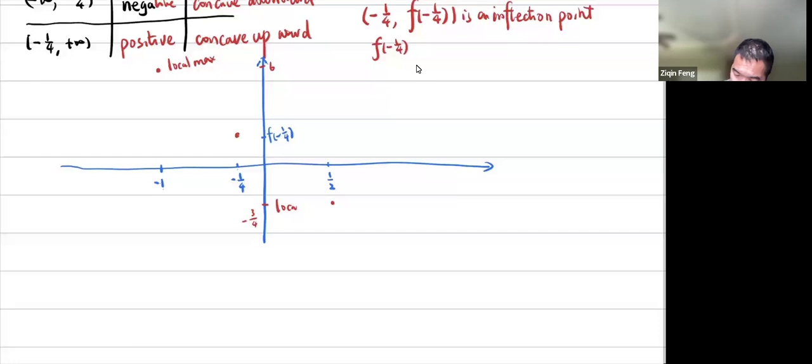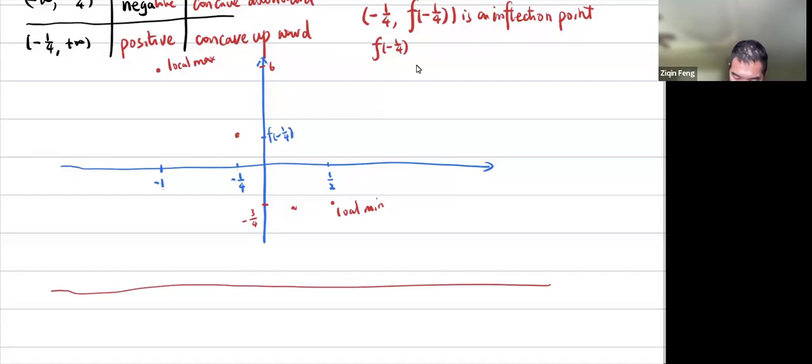So this is the local min. And we have intervals, right? From negative infinity to negative 1, negative 1 to negative 1 over 4, negative 1 over 4 to 1 half. So this is negative 1, negative 1 over 4, 1 half.